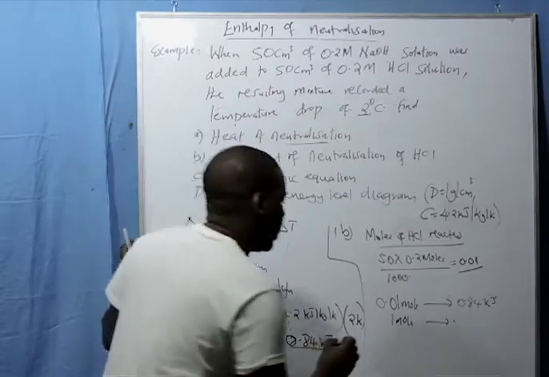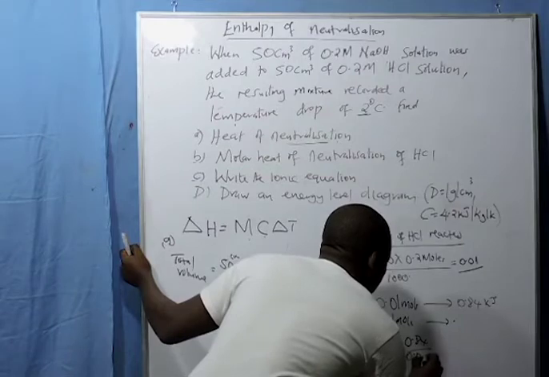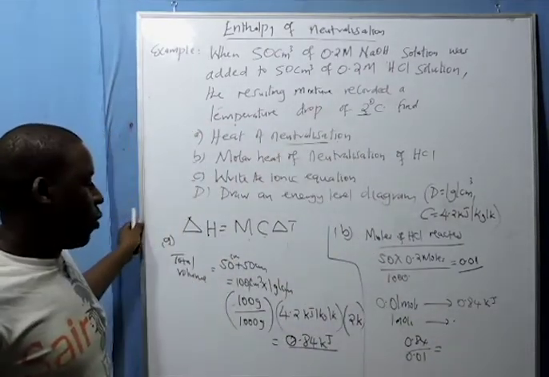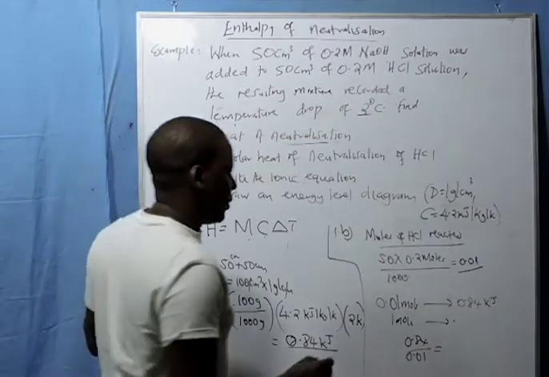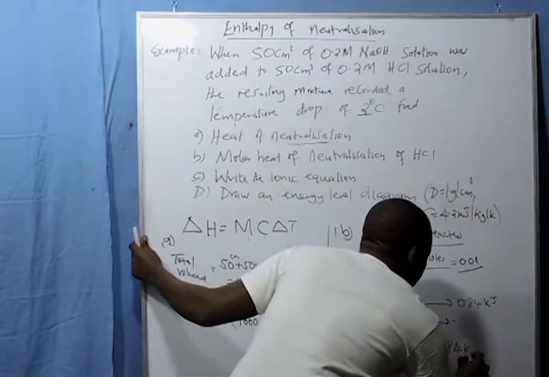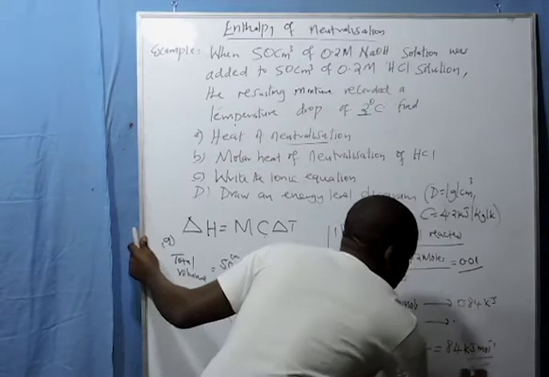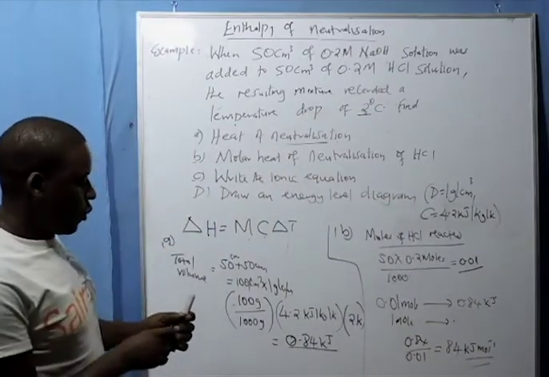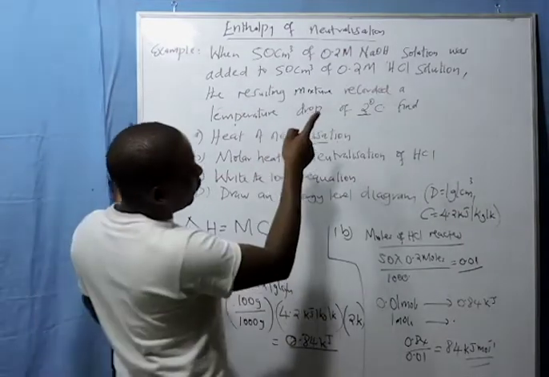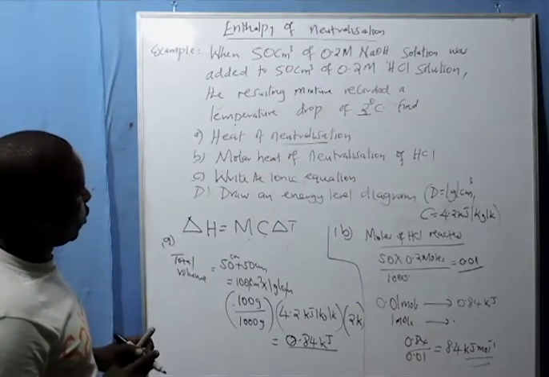It will be 0.84 divided by 0.01, and the answer is 84 kilojoules per mole. So when you react 1 mole of HCl, the enthalpy change is 84 kilojoules.